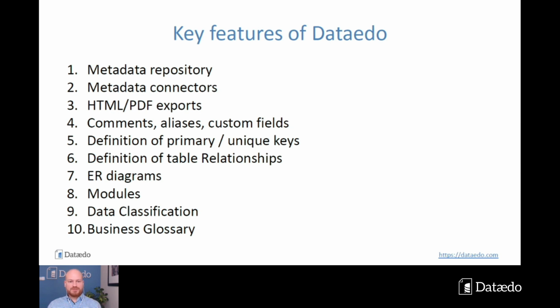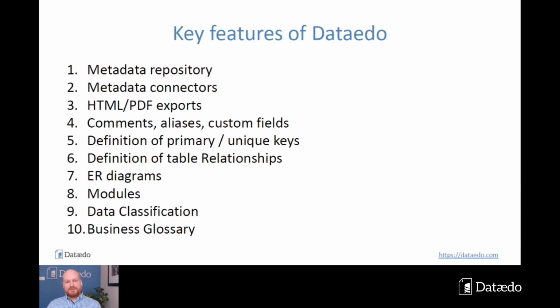You can provide comments for columns, you can provide aliases, which give them a meaningful name, and you can describe them with up to 100 custom fields of your choice. These could be fields like owner, status, or source. So you can decide what information you'd like to gather in your data dictionary.